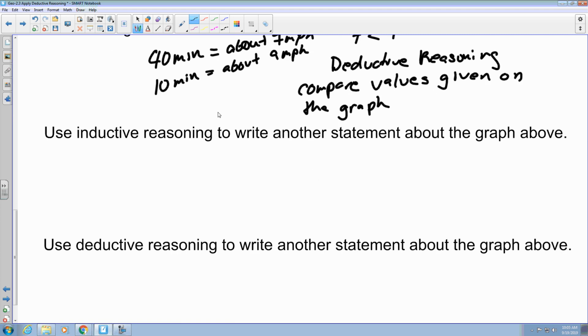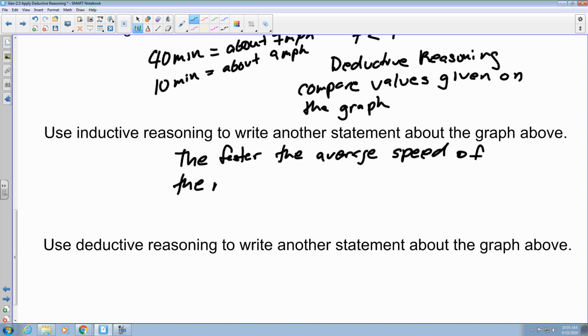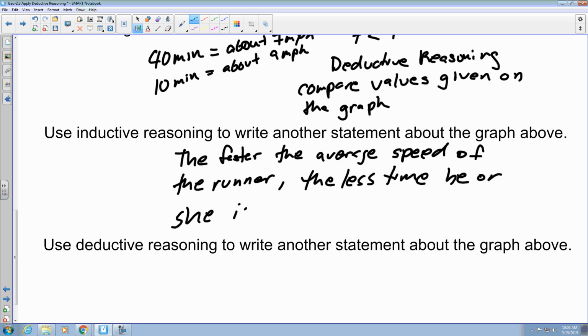So we can say the faster the average speed of the runner, the less time he or she is running. You could also say the slower the average speed, the more time he or she is running as well.